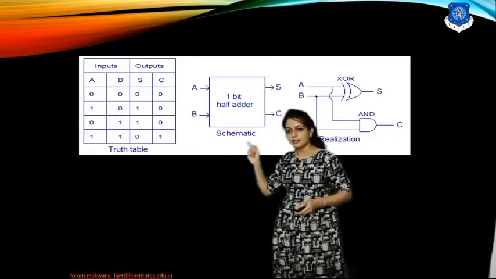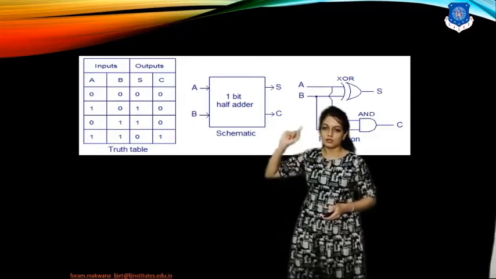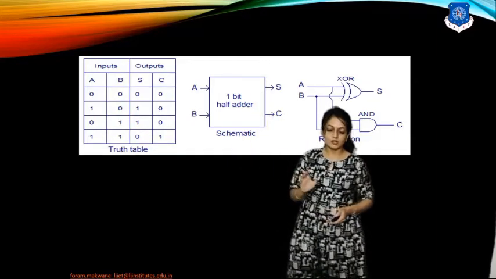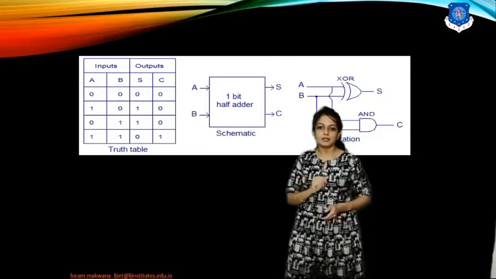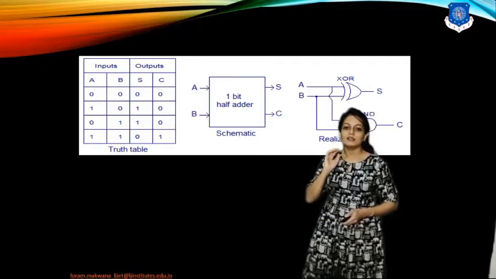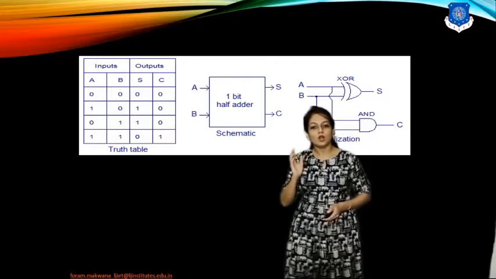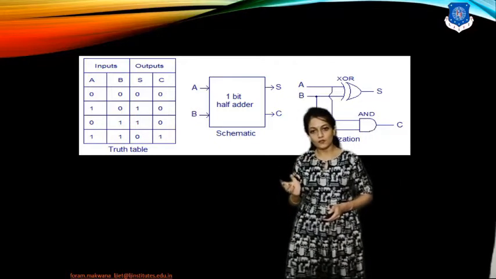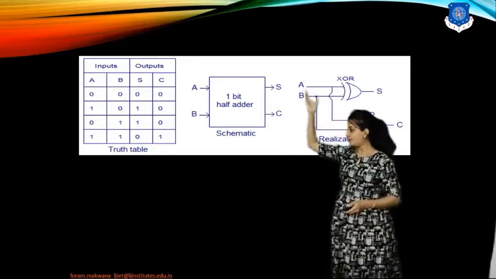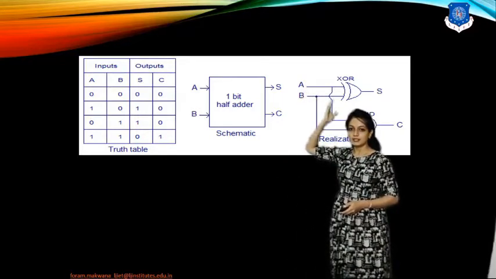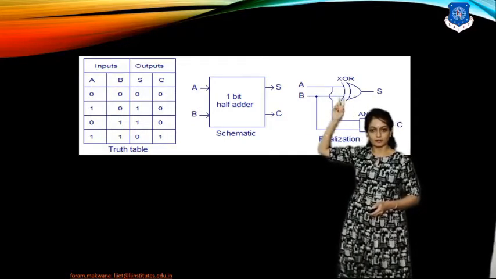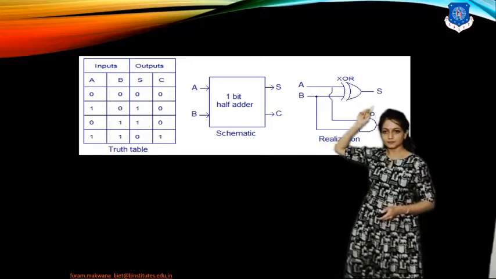For the second case, A dash B. So your Boolean function for the sum is A dash B plus A B dash. That is the logical function of the XOR gate. So the output is sum.